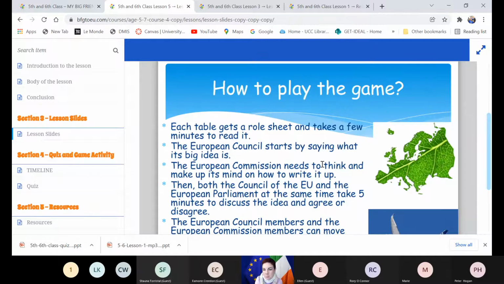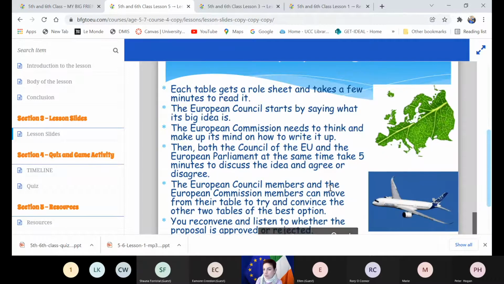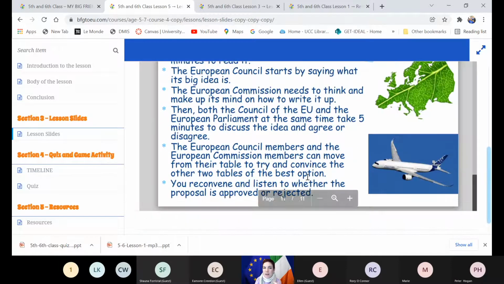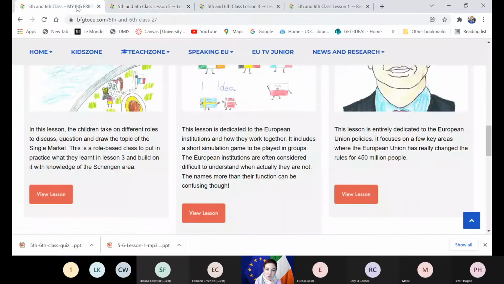So a table will be the European Council, a table will be the European Commission, or a row, depending how you're organized. And they have to figure out who is able to put the big idea forward, who is able to write it up, and who makes the final decision. It's just to get them to think as decision makers in the European Union.